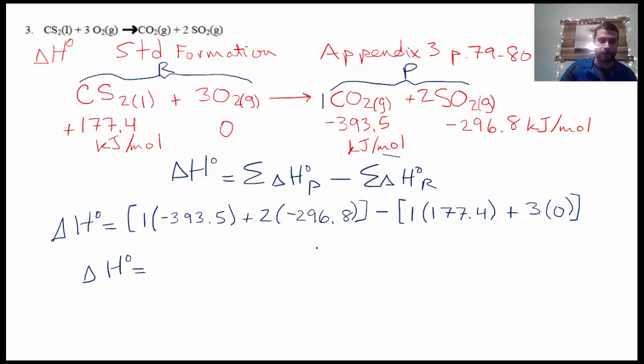With my trusty calculator, we've got 1 times negative 393.5 plus 2 times negative 296.8. That part here is negative 987.1, minus the 177.4 hanging around.